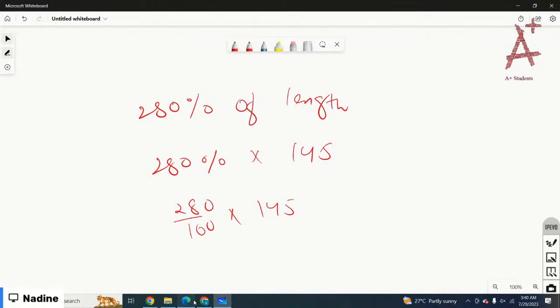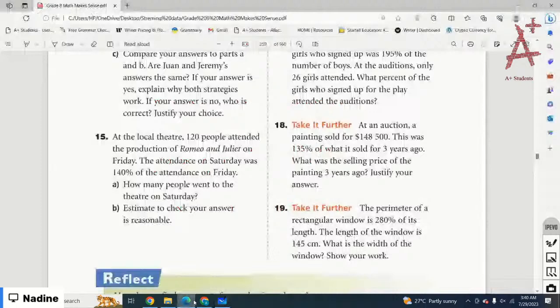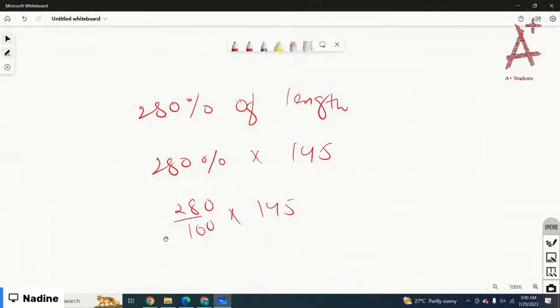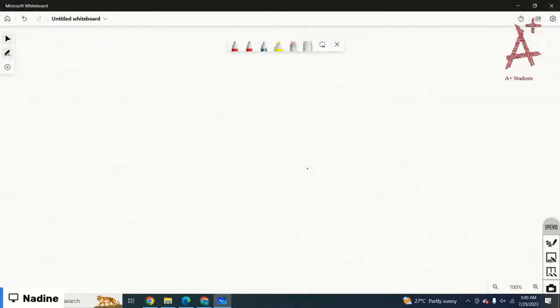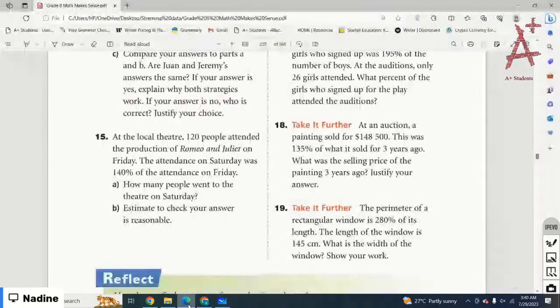hold on, you are given the perimeter, hold on. Perimeter is length times width. The perimeter of a rectangular window is 280% of its length.